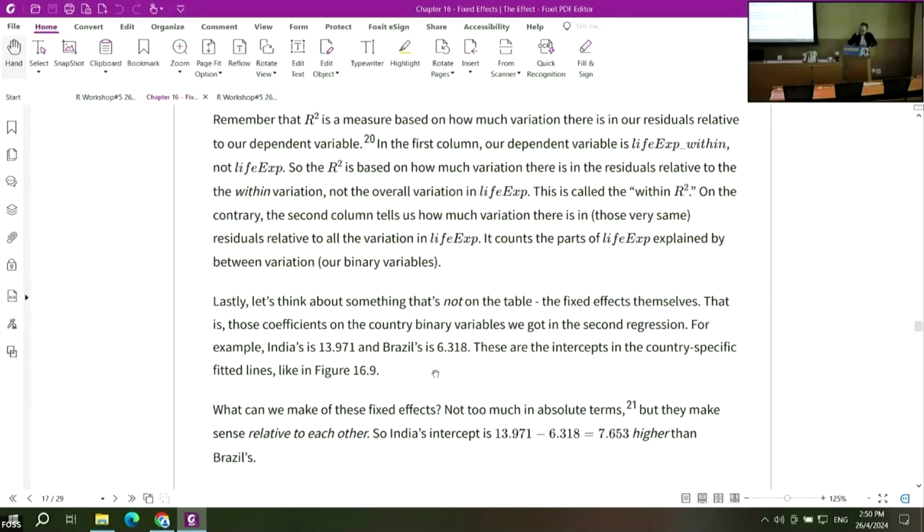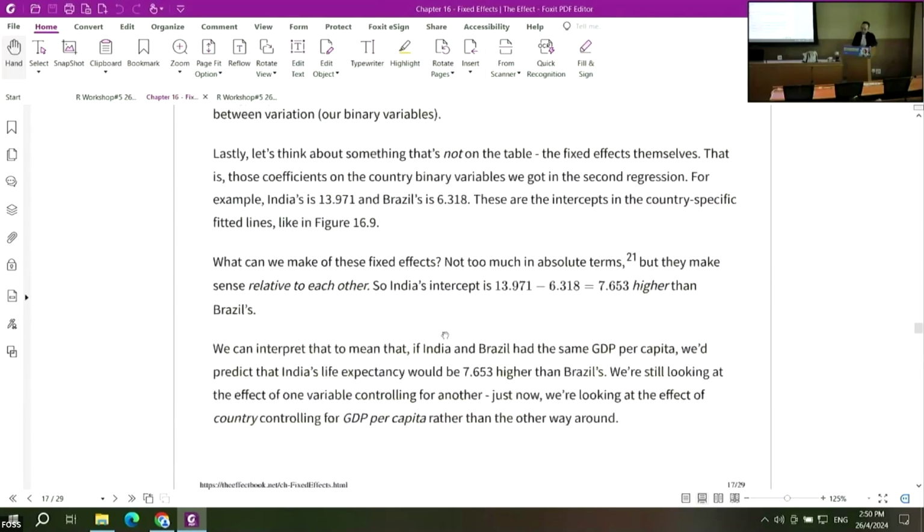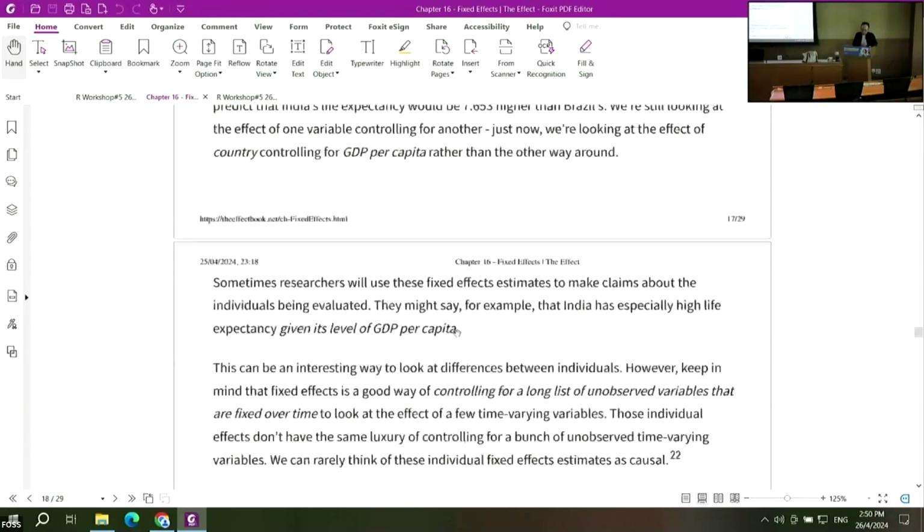Like, we can say that India's life expectancy is that many years higher than Brazil's in general. So if they both have the same GDP, then India has a longer life expectancy than Brazil. And then again, we're still looking at the effect of one variable controlling for another, but we're looking at the effect of country controlling for GDP per capita rather than the other way around.